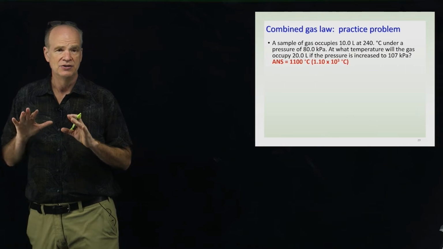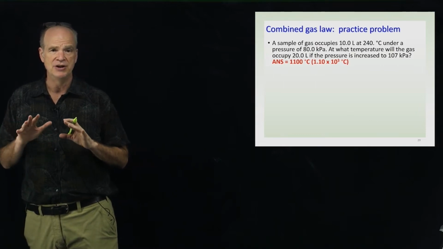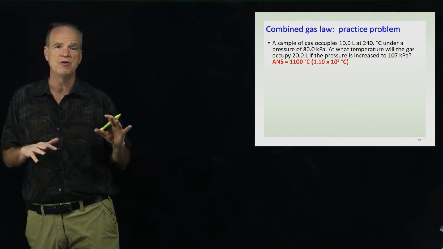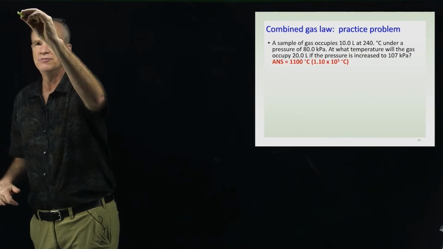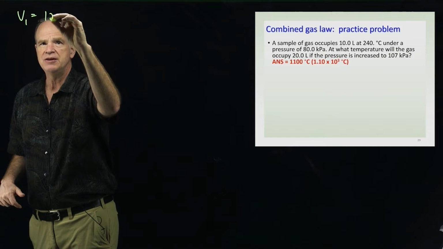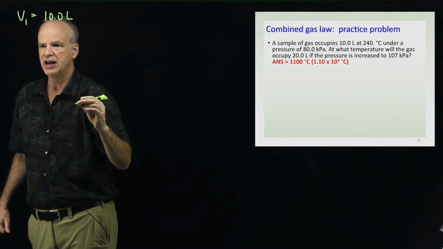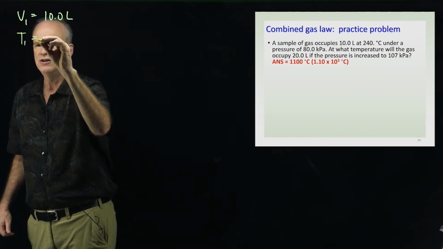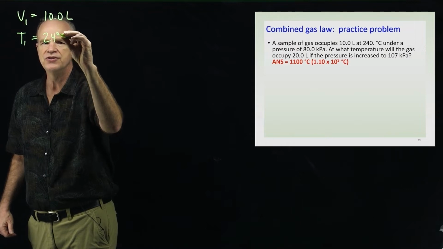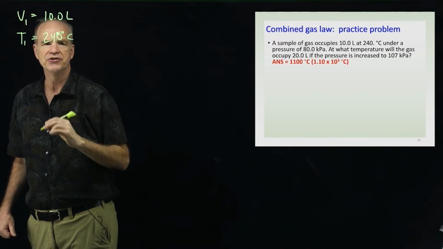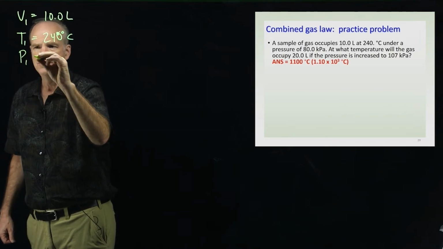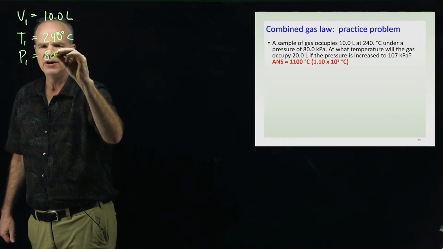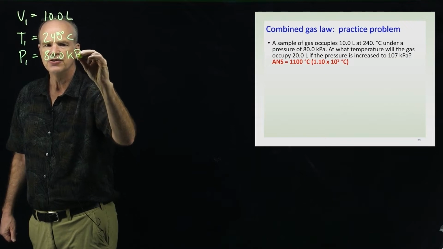Let's define some initial conditions. The volume initially is 10.0 liters. The temperature is 240 degrees Celsius, and I'll have to convert that to Kelvin in just a second. The pressure is 80.0 kilopascals.